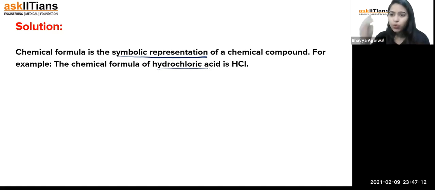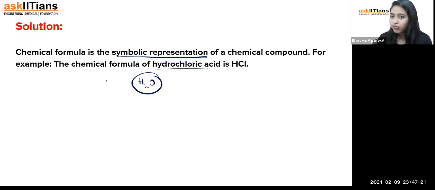Same way, if I talk about water, instead of writing water every time, I'll simply write H2O, which is nothing else but the chemical formula of water, representing that water is composed of two parts of hydrogen and one part of oxygen. Right? Easy. Same way, ammonia is NH3, which represents that it is composed of one part of nitrogen and three parts of hydrogen.